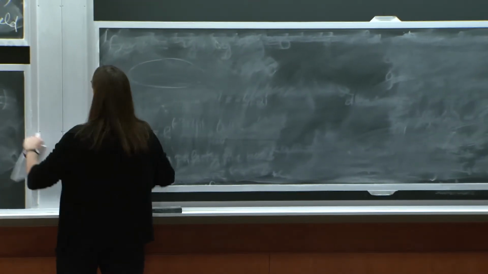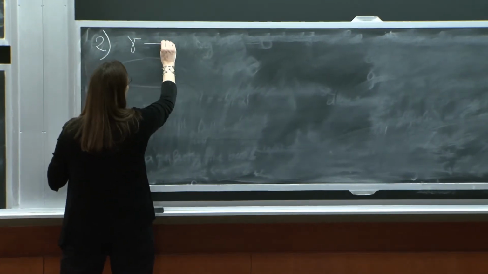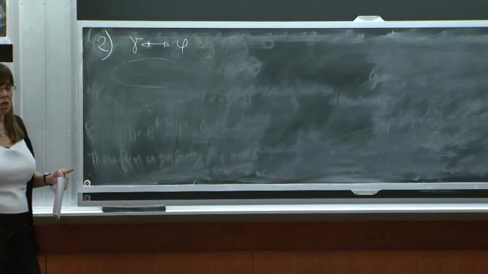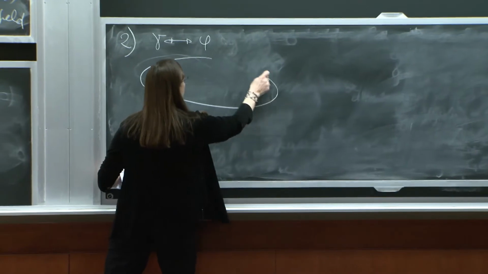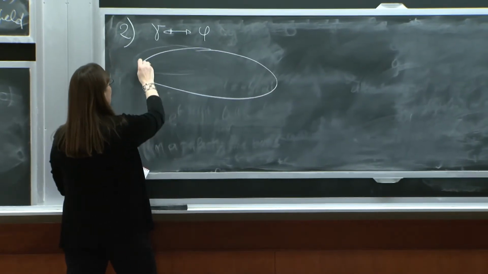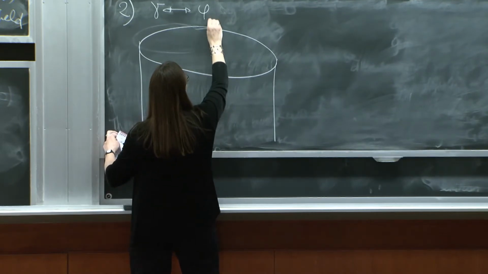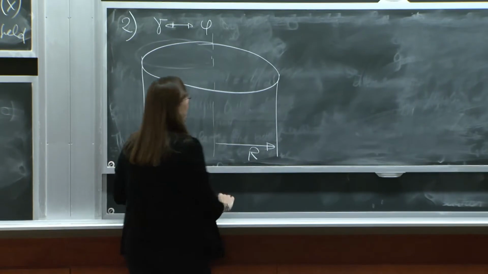So we graduate from 2a to full number 2, which is the relationship between gamma and phi in general for the axisymmetric shaft. So let's make a nice cross-section so that we can make nice drawings. So this is the whole cross-section of the shaft, and the outer radius of the shaft is still r.